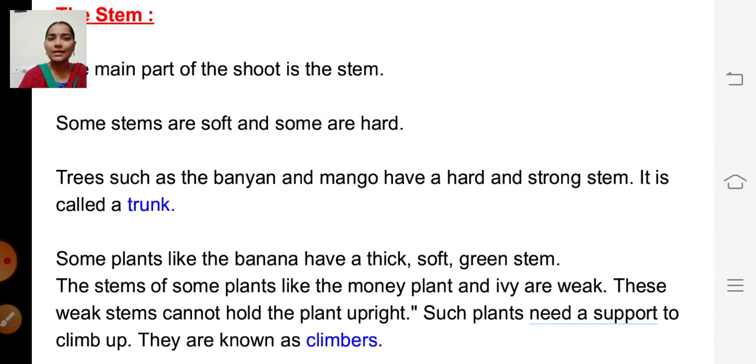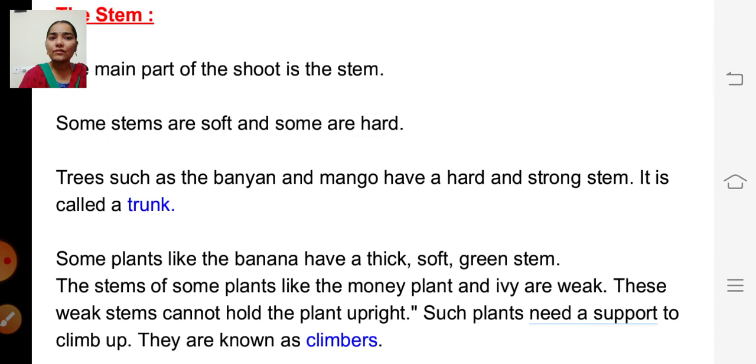Trees such as the banyan and mango have a hard and strong stem. It is called a trunk. Some plants like the banana have a thick, soft green stem.